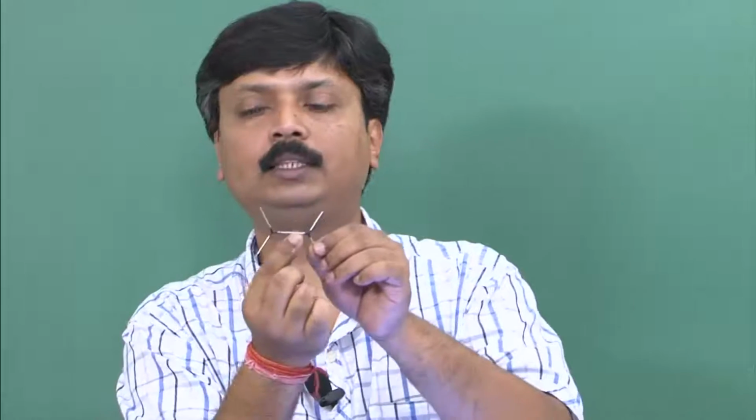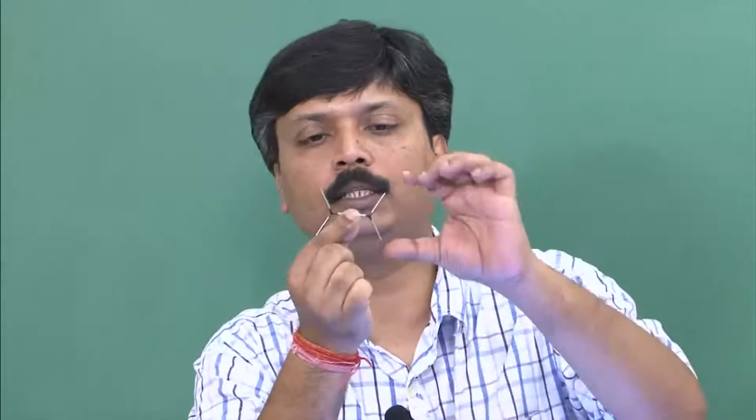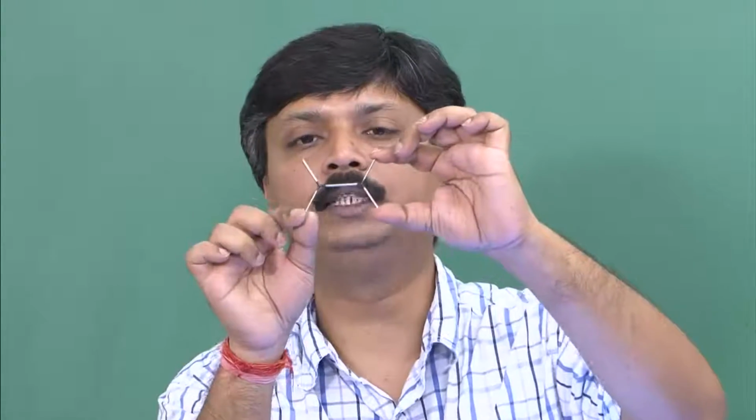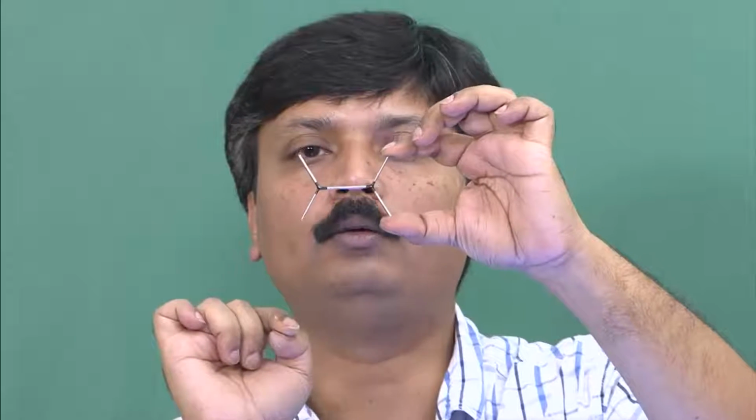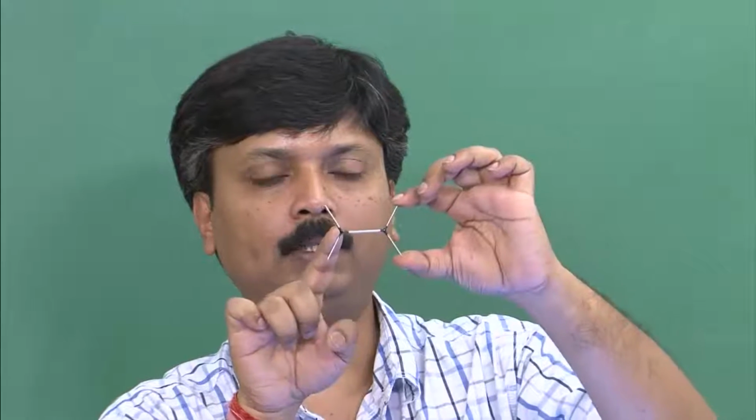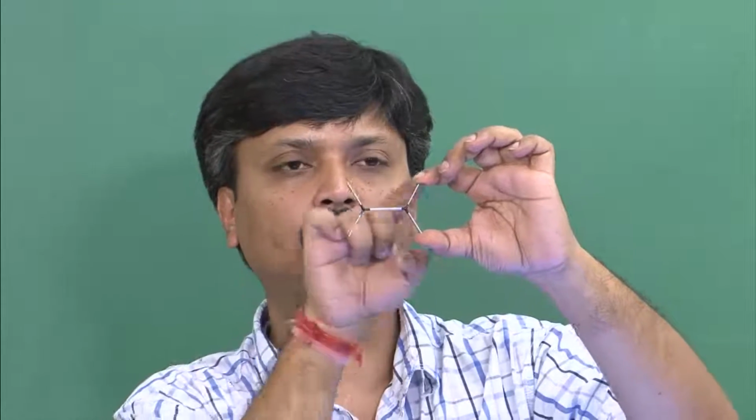Let me show you another example. This particular model that you can see, if it is zoomed a little bit more, is a model for ethylene, okay, C double bond C and then 4 hydrogens here.